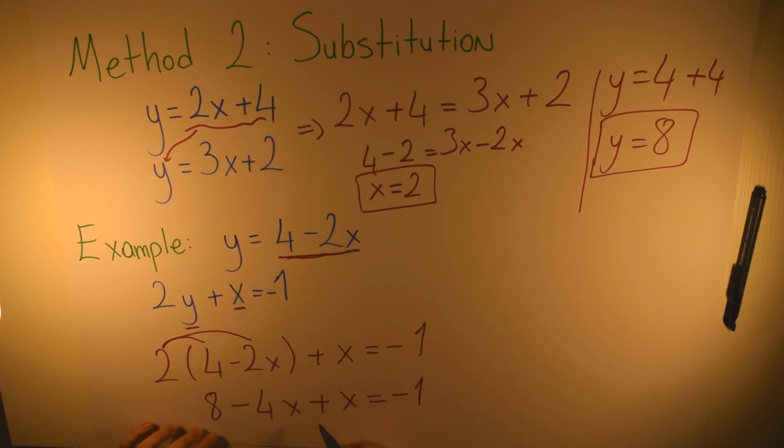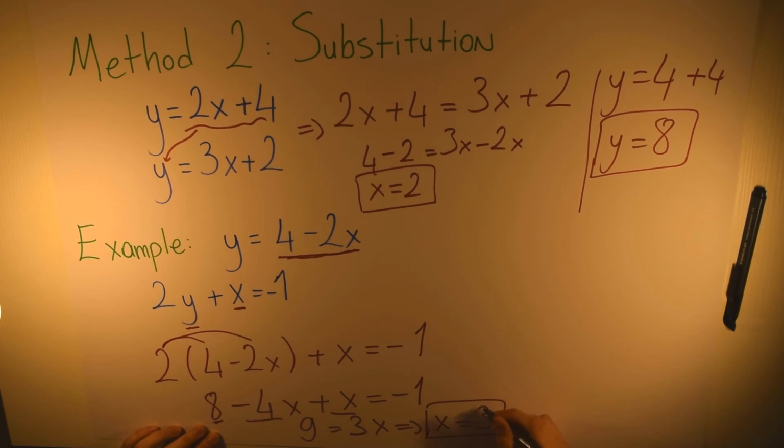And I put the variable on one side and the constants on the other side. So I put this minus 1 here, it goes as plus, and here I have 8 plus 1, it's 9. This is minus 4x plus x, it's minus 3x. When I put this on the other side, it goes as plus 3x. From here I found x as 3, right?